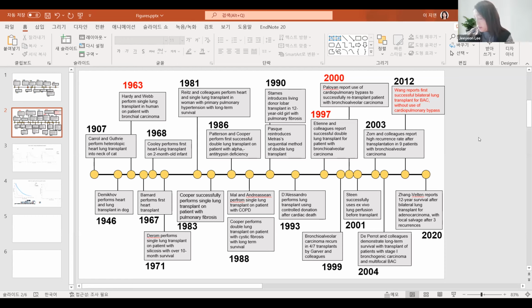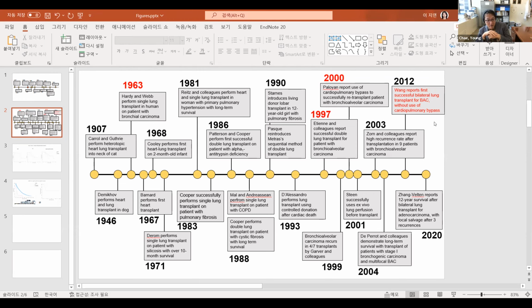You want only the major historical moments. So that should come out: 2003, 2004, and 2020. Same thing with 1999.